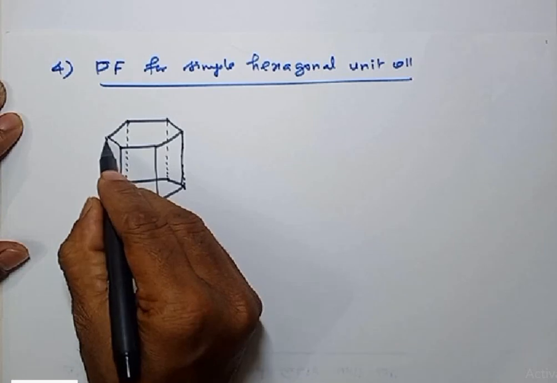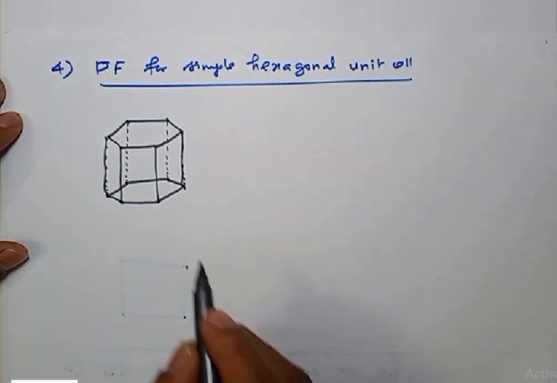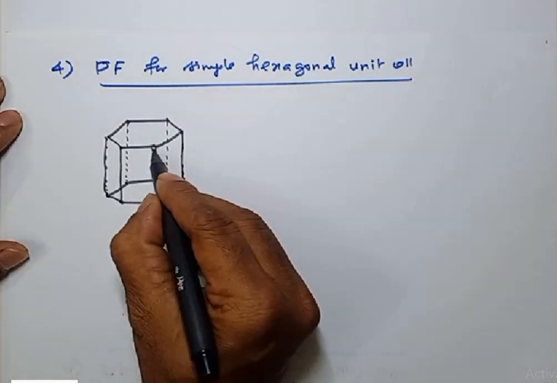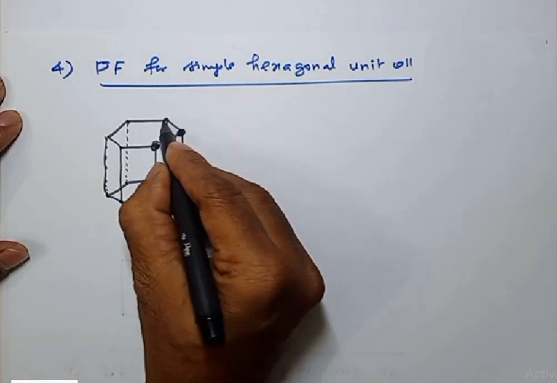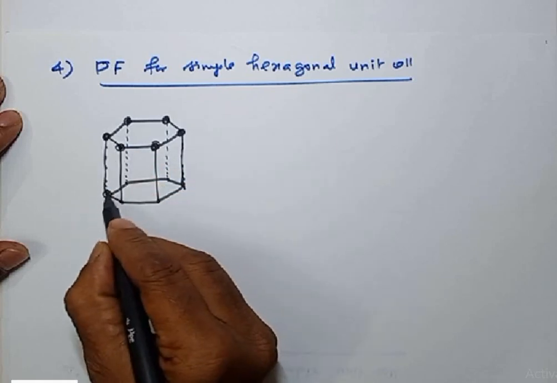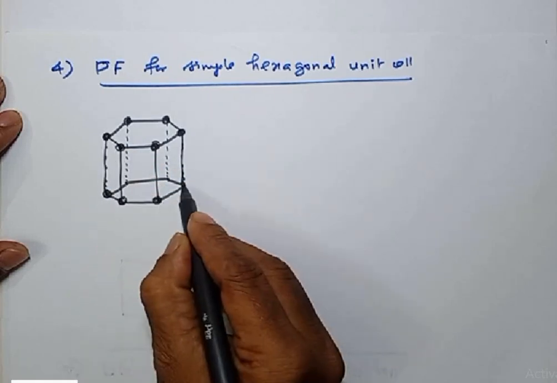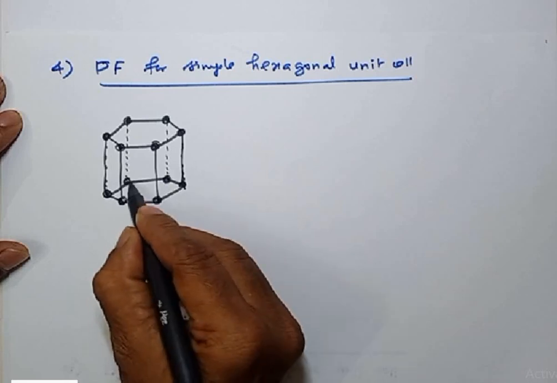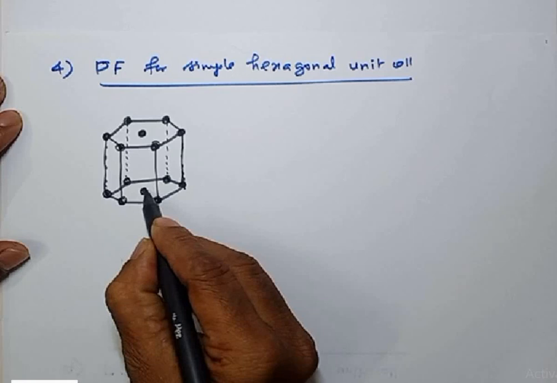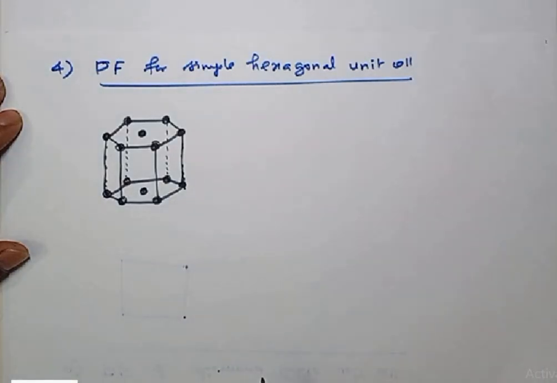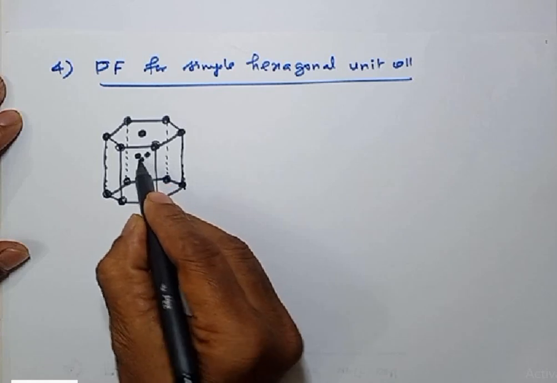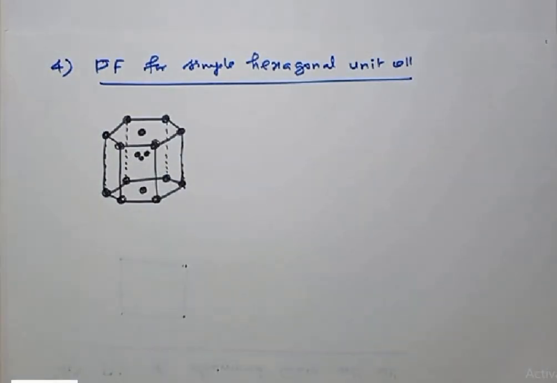We'll connect this and this. In the hexagonal unit cell, all corners are occupied by atoms. We have already discussed this. Then the hexagonal top face center and the hexagonal bottom face center are also occupied. Then we have 3 atoms at the middle of the unit cell.